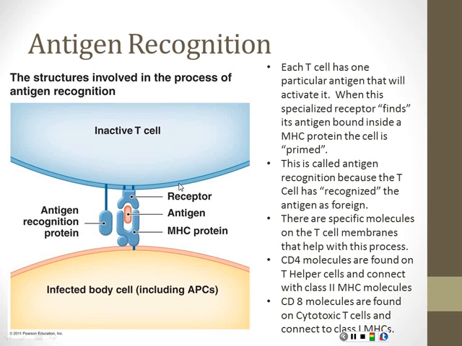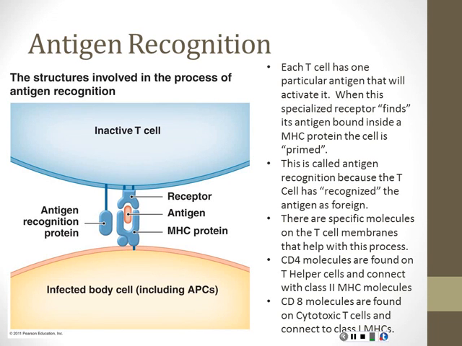Now, there are two different kinds of T cells that we care about. There are TC cells and TH cells. TC, that's cytotoxic. These are T cells that attack other cells. H is helper, right? And there is sort of a code associated with these.